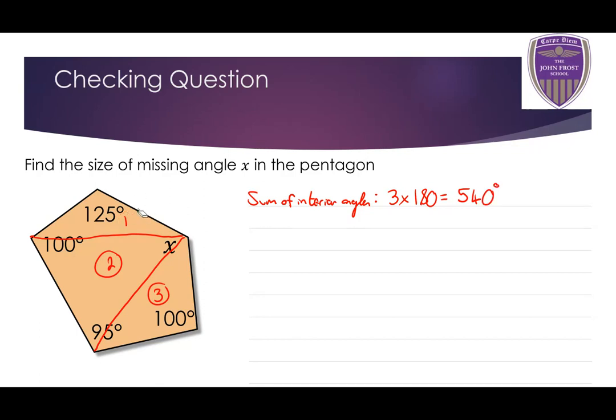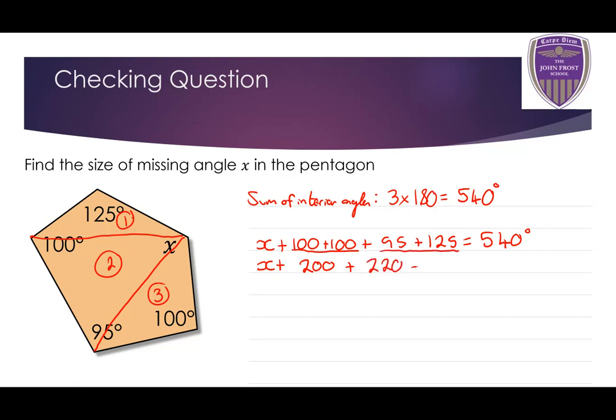So I know now that all these numbers have to add up to 540 degrees. So x plus 100 plus 100 plus 95 plus 125. These all need to add up to 540 degrees. So x plus, well, 100 plus 100 is 200, and 95 plus 125 is 220.